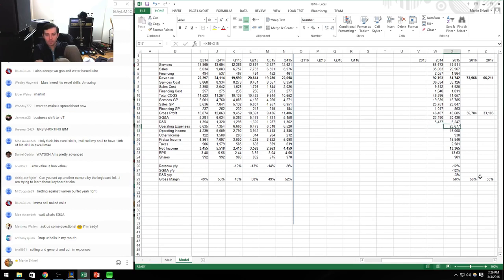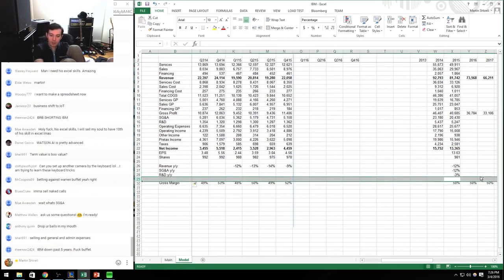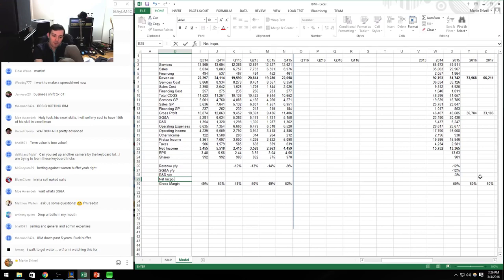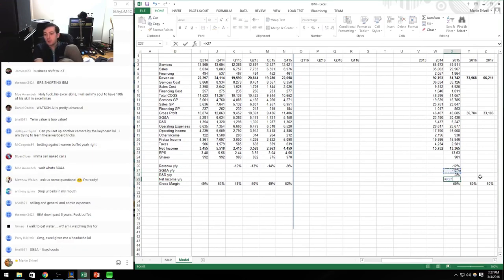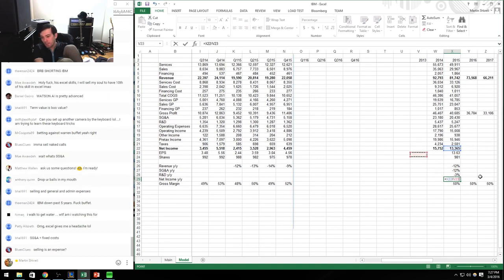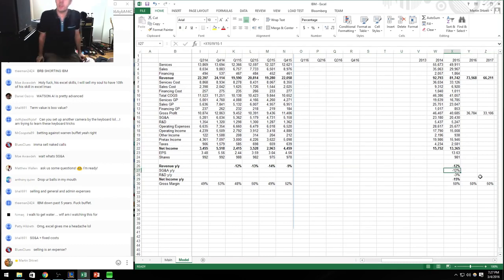Okay. And that's why their net income fell by 15%. See, their revenue dropped by 12%, but their net income fell by 15%. Very interesting.